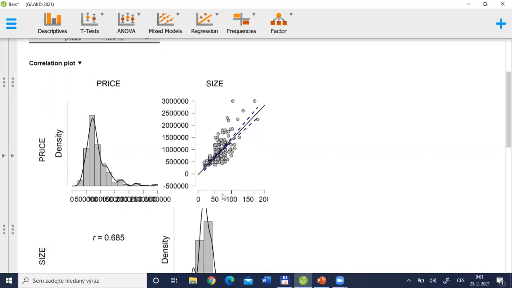What would be the meaning of this intercept? It would be the price of the flat for which the size is the average size, approximately 65 square meters. So it would be a realistic estimate of the price for a flat with approximately 65 square meters.